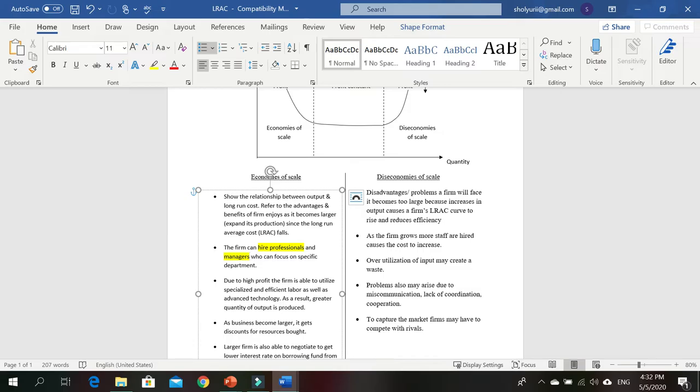Dulu masa kita dalam short run, kita ada constraint kewangan, duit tak cukup. Bila dah masuk long run, kita dah balik modal, kita dah expand our business, we have few branches, so we don't have problem with money. So bila kita tak ada masalah kewangan, kita boleh scout pekerja, kita cari pekerja mahir, kita cari professional workers.